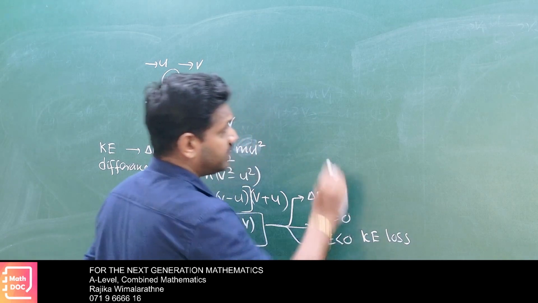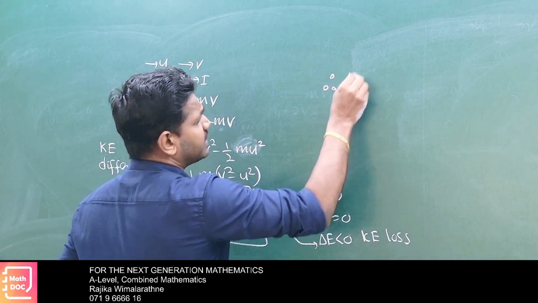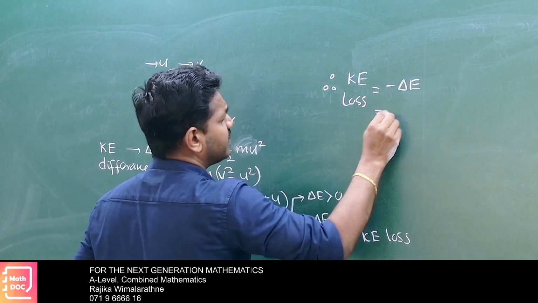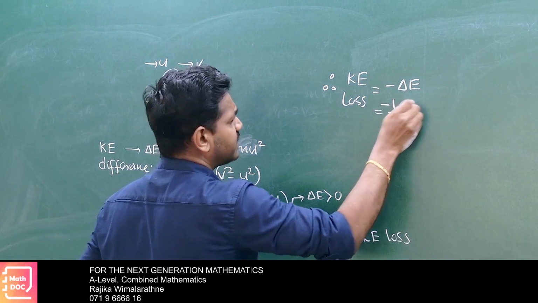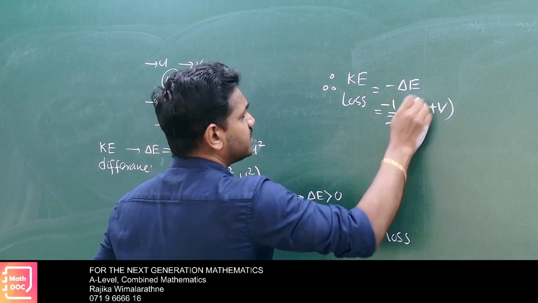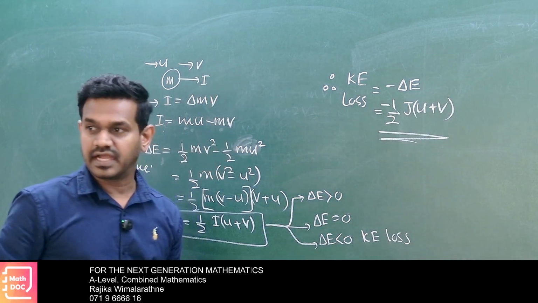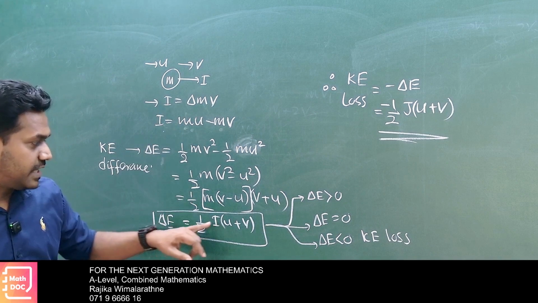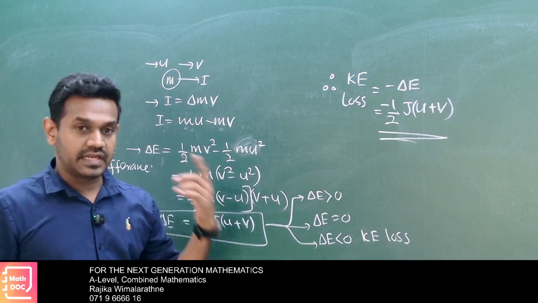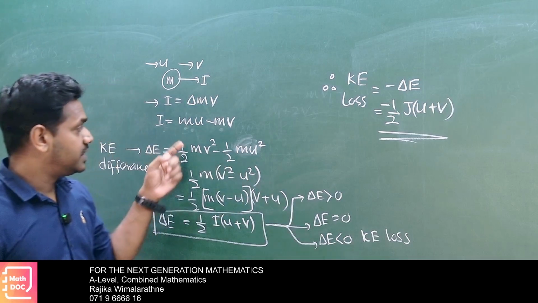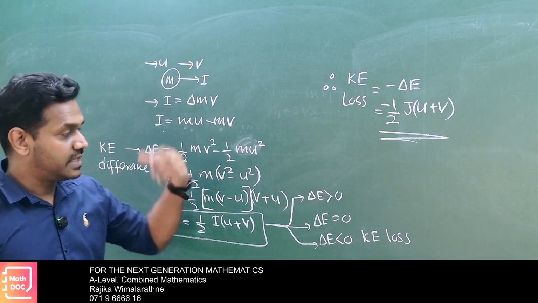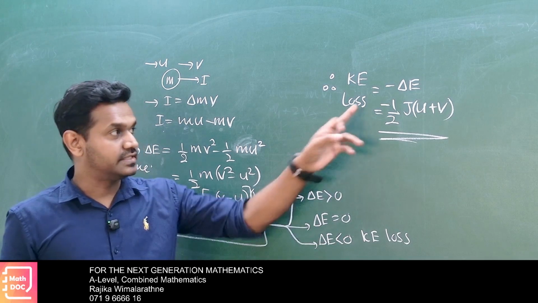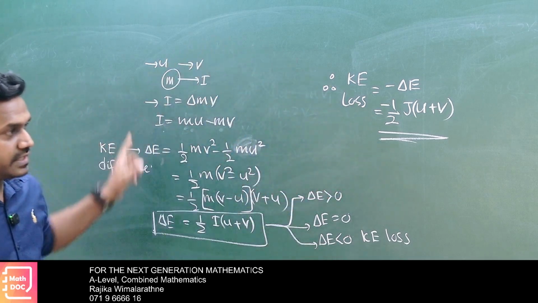Kinetic energy loss equals minus delta E, which is minus half times I times (u plus v). The usual kinetic energy difference is half times I times (u plus v), which is absorbed because of I. If you need to find the loss, you take the minus value of that. Then this will be the kinetic energy loss. Okay.